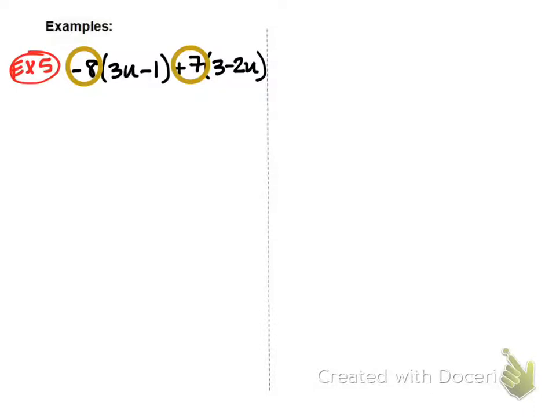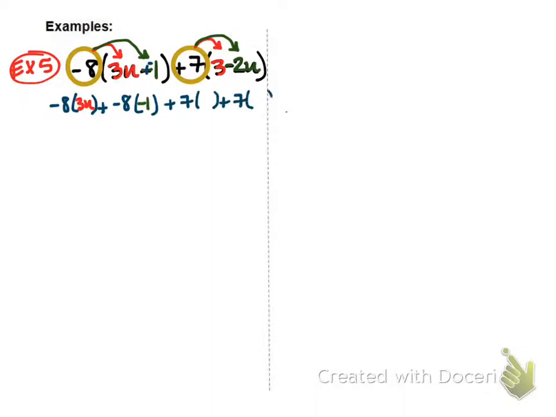So I'm going to start with my arrows and take the -8 and multiply by the 3u and the -1. I'm also going to use the second set and multiply the 7 to the 3 and the 7 to the -2u.